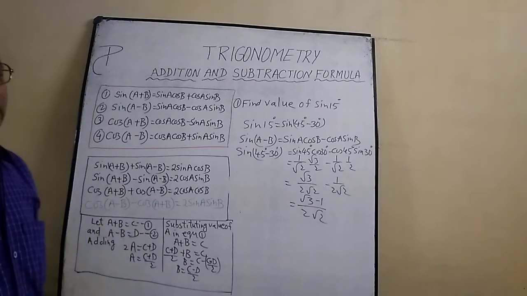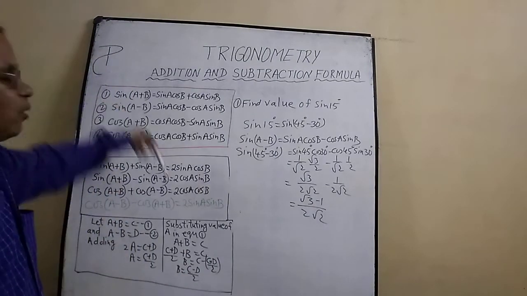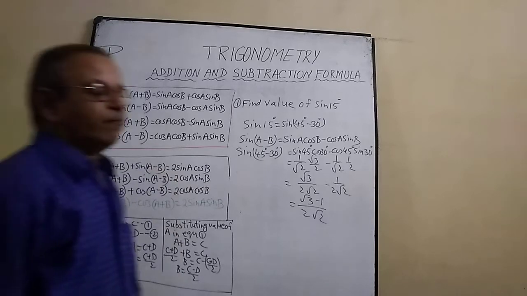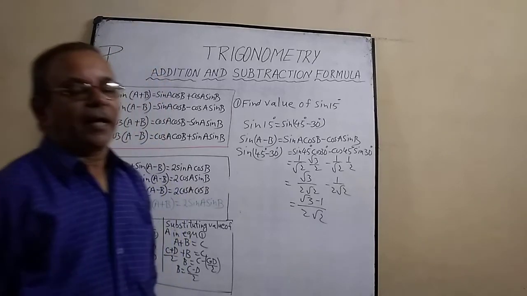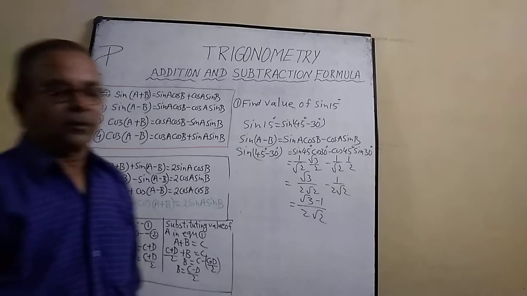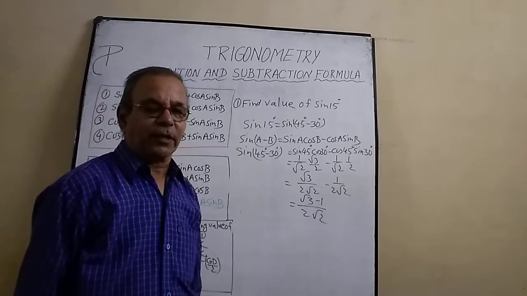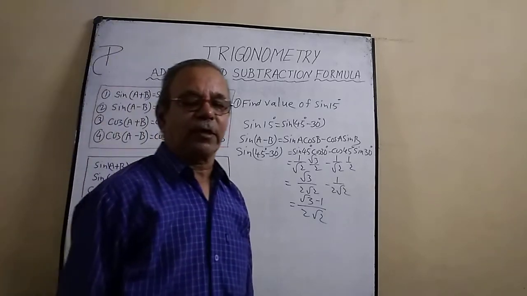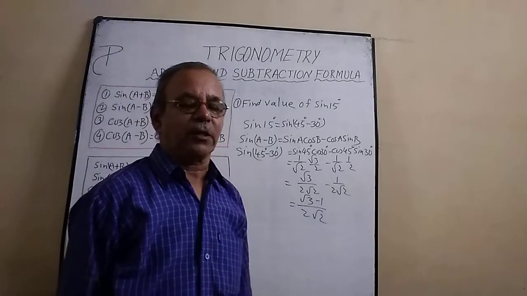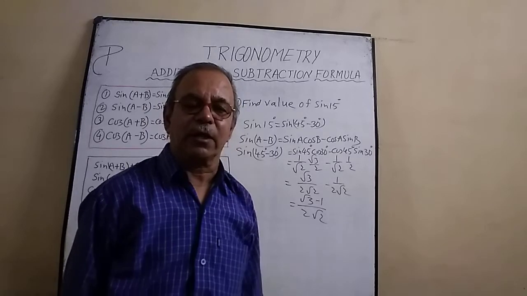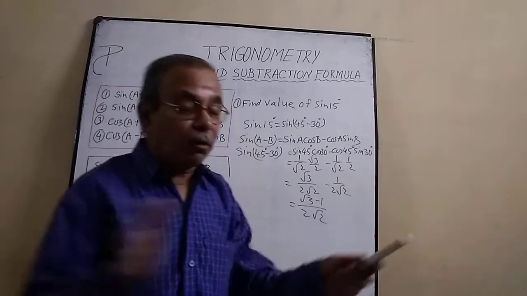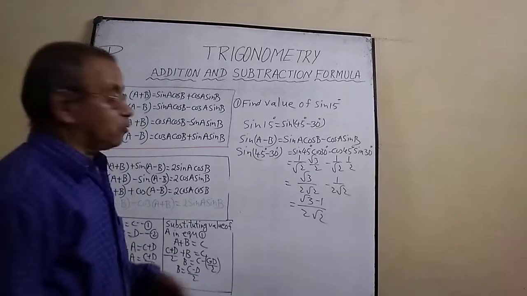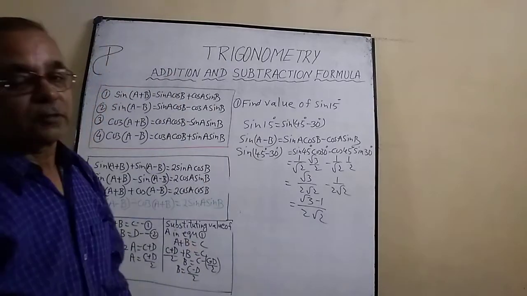Here also, with the applications of these laws, we can find the different values of 90 plus theta, 180 minus theta, 180 plus theta, 270 minus theta, 270 plus theta, 360 minus theta, 360 plus theta, for sin, cos, tan, cot, cosec, sec. We calculate these with these four relations.